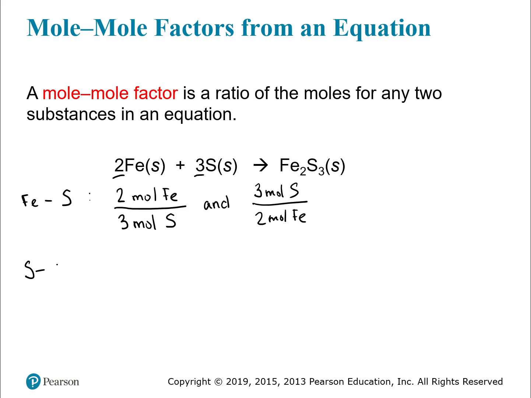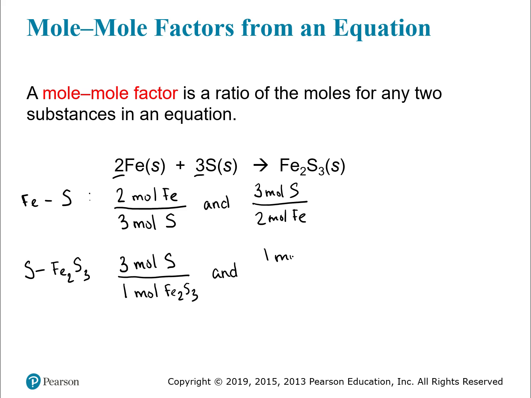Let's say that you wanted to do the same thing between sulfur and the iron 3 sulfide. The number of moles of sulfur in the balanced equation is 3 moles. And you make 1 mole of iron 3 sulfide.